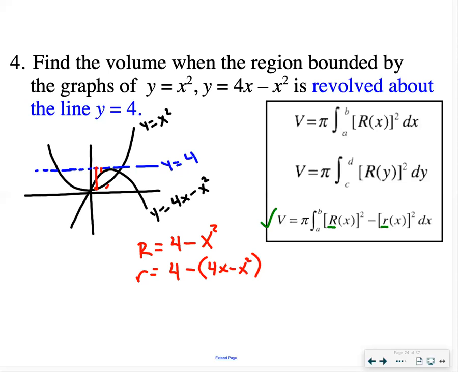That would give me that distance for little r. And actually, let's simplify this more. This would be 4 minus 4x plus x squared.